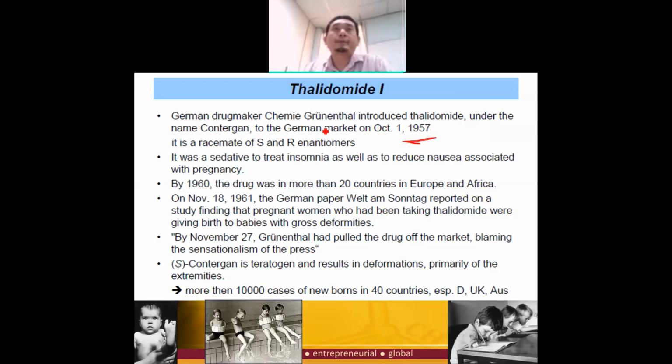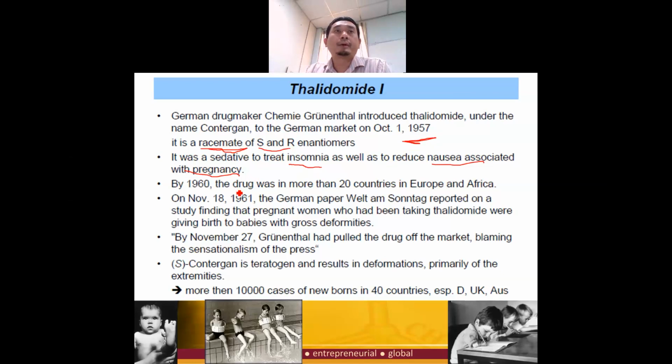But it was in the form of a racemate. Racemate means it's not pure R or S, but a mixture of S and R enantiomers. This drug was used to treat insomnia and also to reduce nausea in pregnancy.